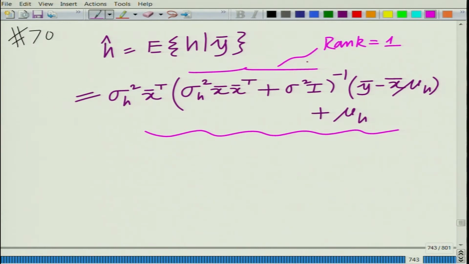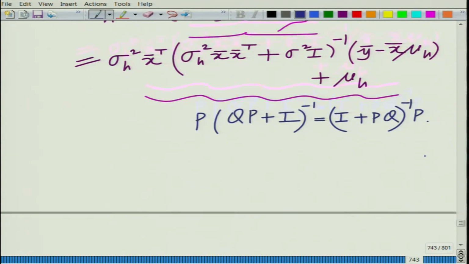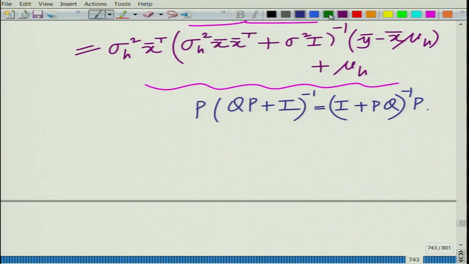I can use the following property, which we proved during the matrix inversion lemma: P into (QP plus I) inverse equals (I plus PQ) inverse into P. This basically implies that now I can bring the sigma square outside.